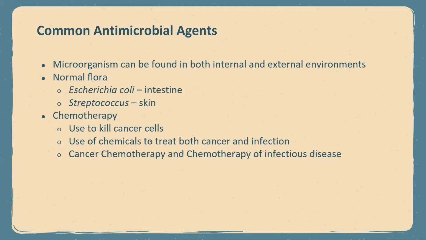For example, we have Escherichia coli as well as Streptococcus. Escherichia coli are the normal flora of our intestine, while Streptococcus species can be found normally on our skin. Now, we have what we call chemotherapy.